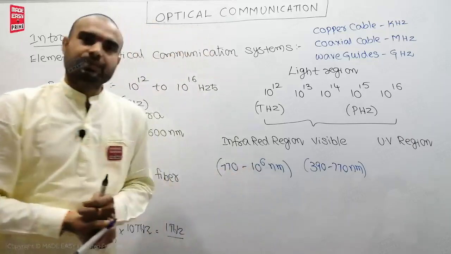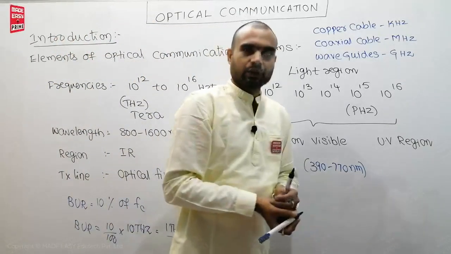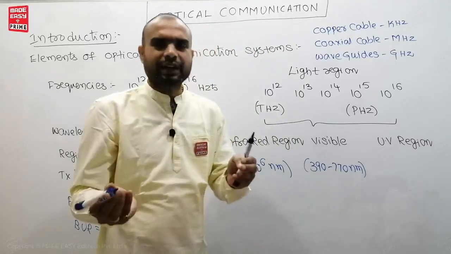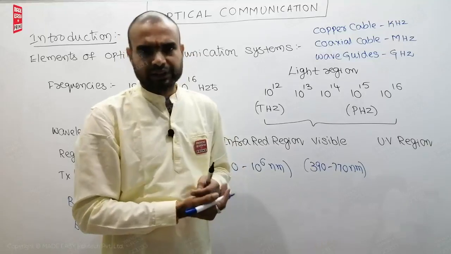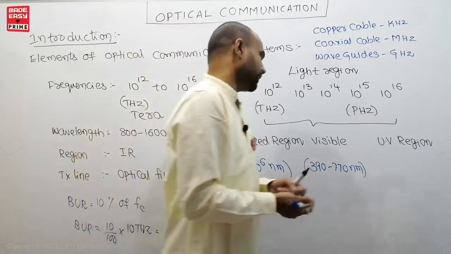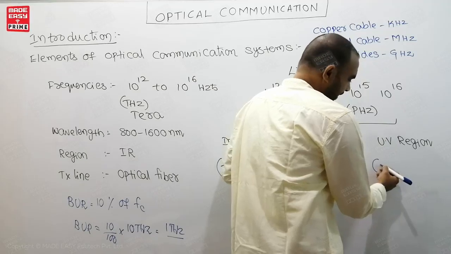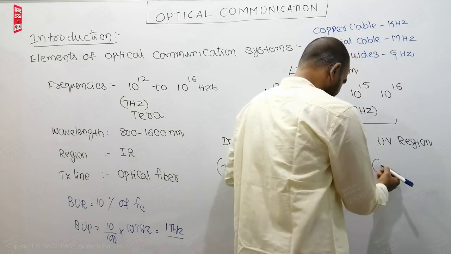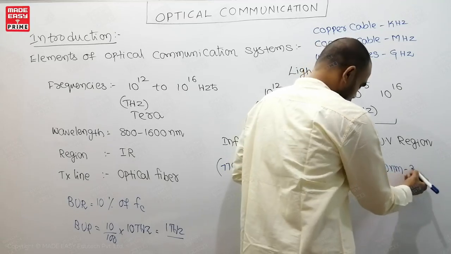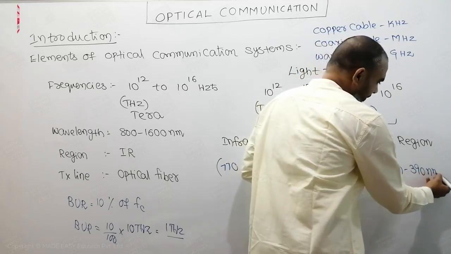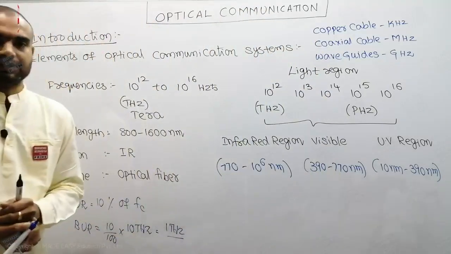In some books, the visible light region is given as 400 nanometers to 800 nanometers. Okay. Next one is the UV region. The ultraviolet region has a wavelength of 10 nanometers to 390 nanometers.